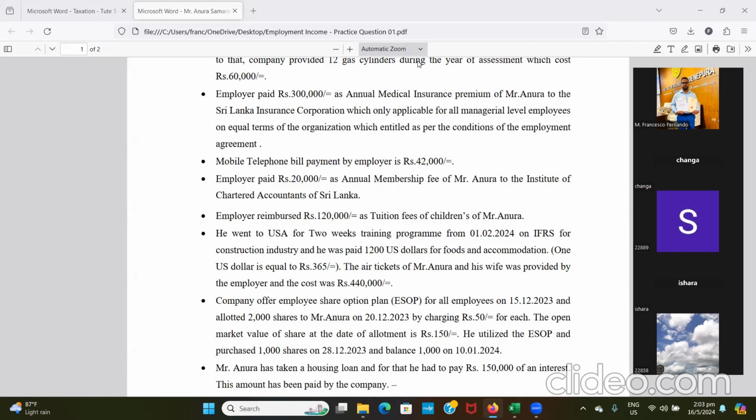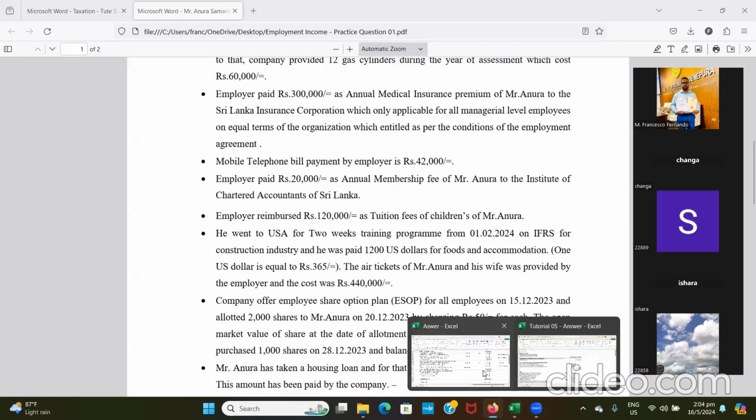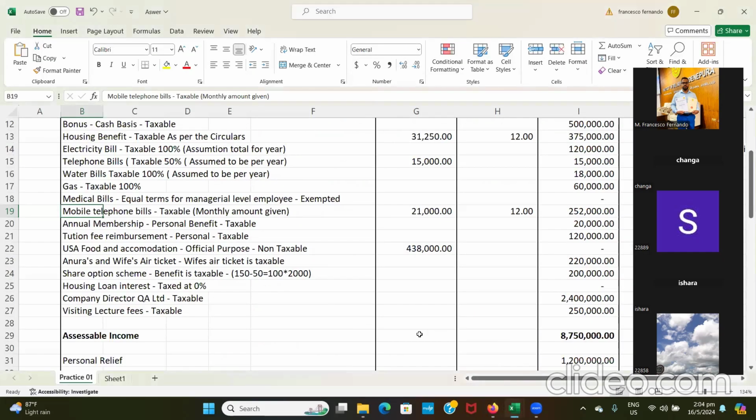Now, what is meant by this? This is also a very important adjustment. I feel it is a very important adjustment. When it comes to these medical bills, since these are being provided on equal terms for all managerial level employees, this is exempt.